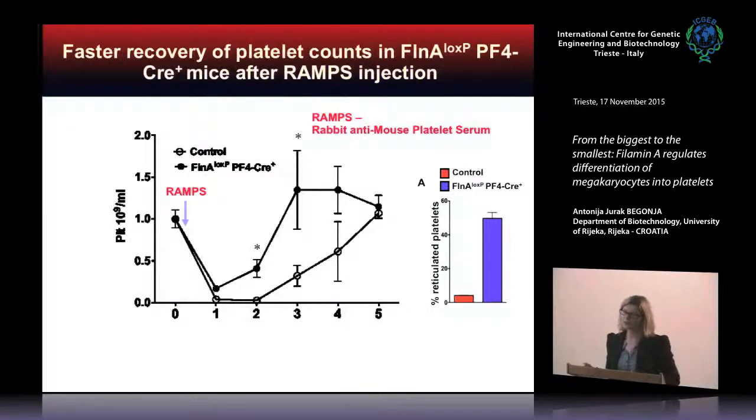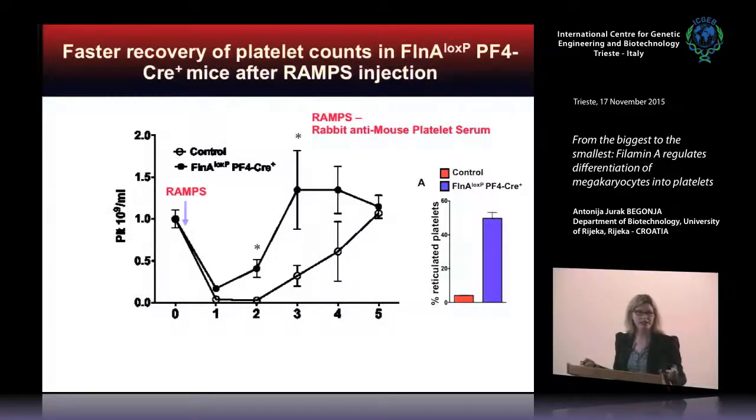In our final experiment, we wanted to see how in vivo, what happens if mice are in need of high platelet numbers. So in this experiment, we induced immune thrombocytopenia. So we treated mice with rabbit anti-mouse platelet serum, which removes virtually all platelets from circulation.